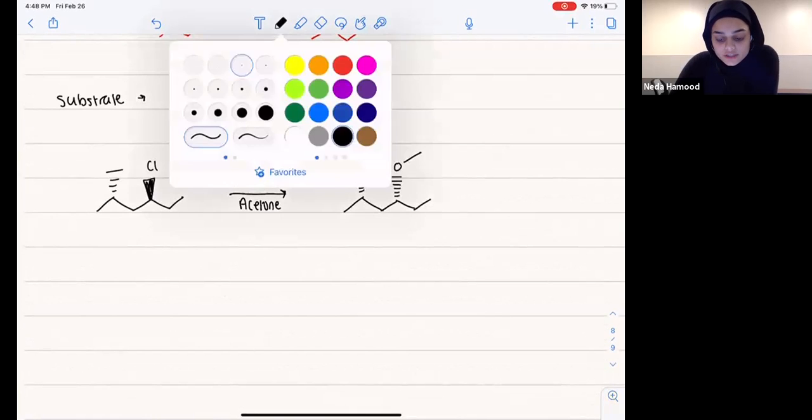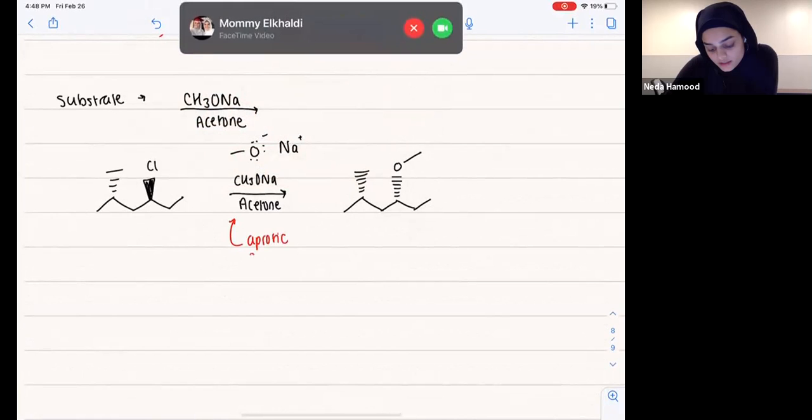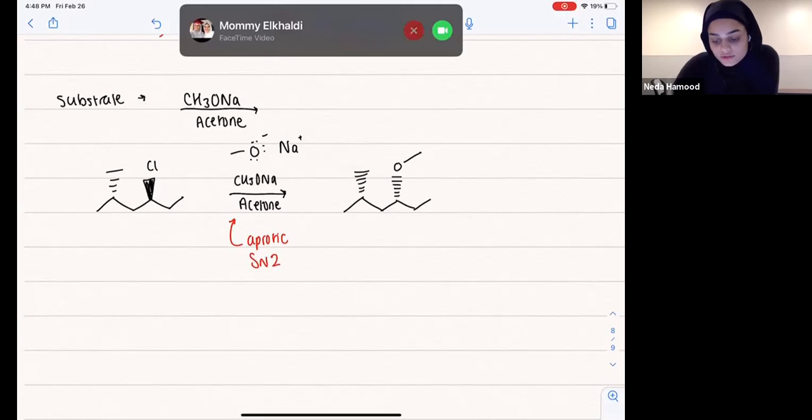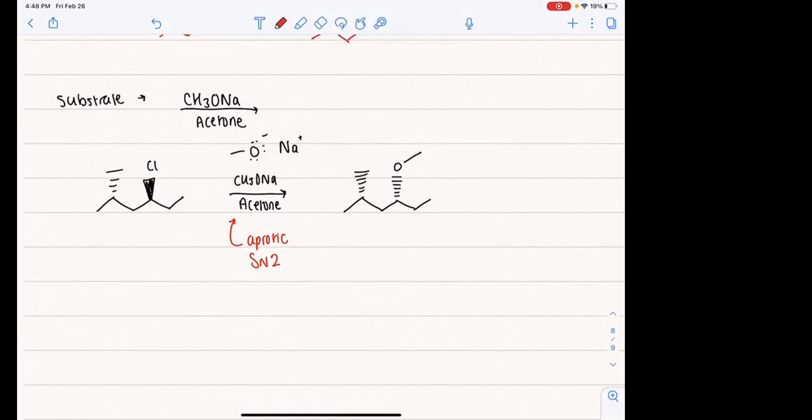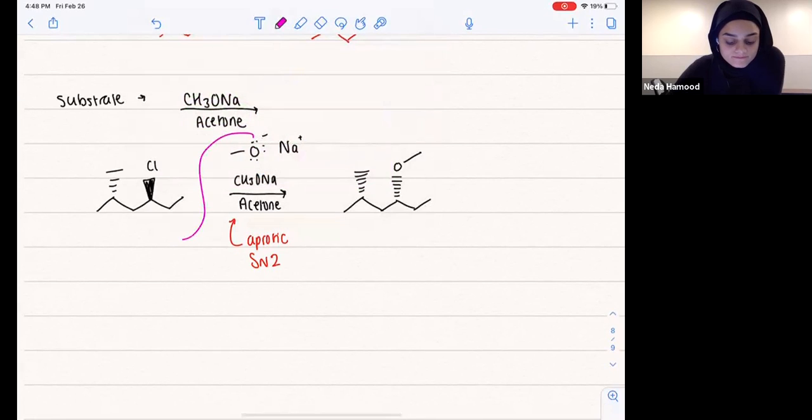Because what kind of reaction is this? It's an SN2, so you gotta hit it from the back. Yep, we have a product, and this is SN2. Yep, and then the mechanism would pretty much just be this. Super easy.